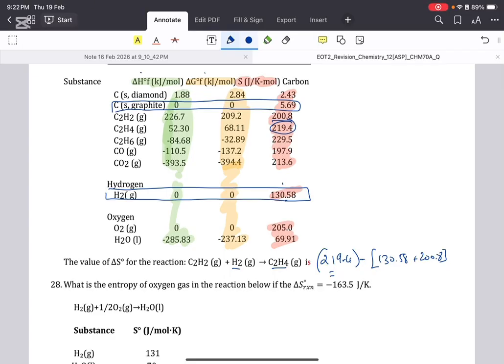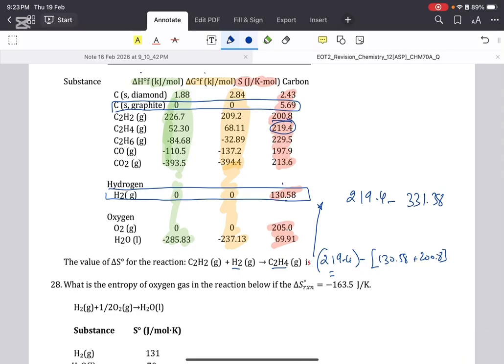So let me get the answer here. The value here I'm going to solve up in here. For this one it is 331.38, and for C2H4 it's 219.4.